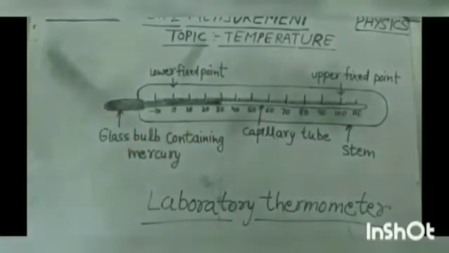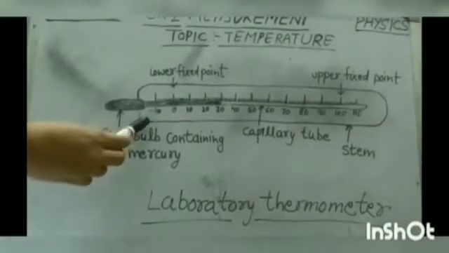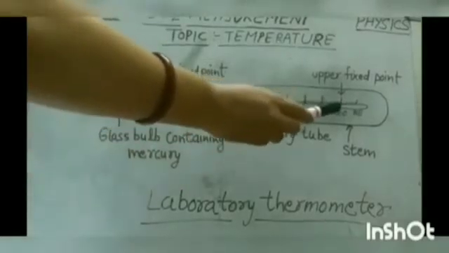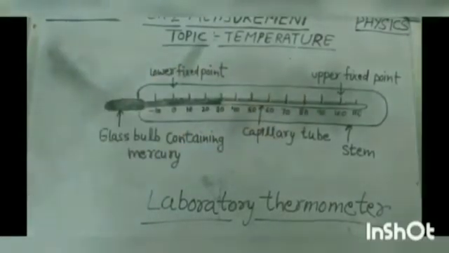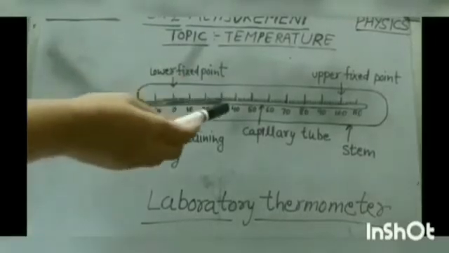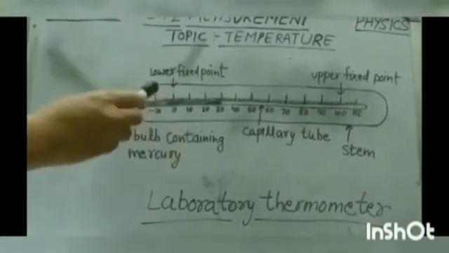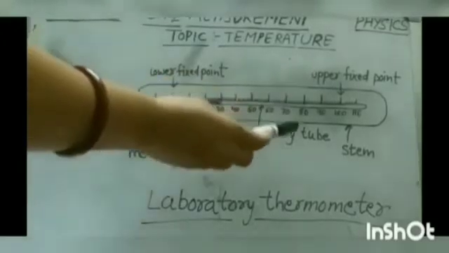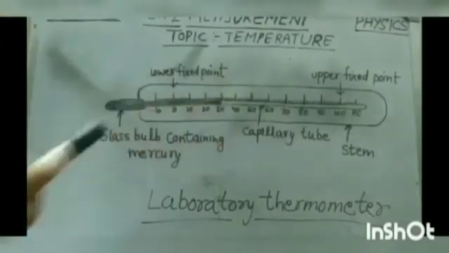So the range of a laboratory thermometer is generally from minus 10 to 110 degrees Celsius. This is called the range of the thermometer. So a common laboratory thermometer can measure temperature from minus 10 degrees Celsius to 110 degrees Celsius.